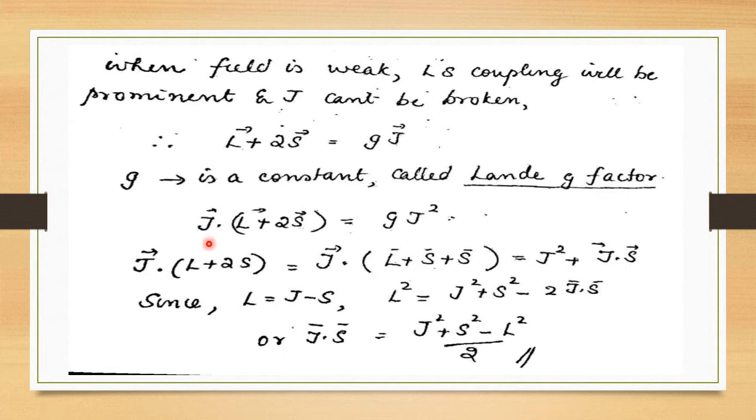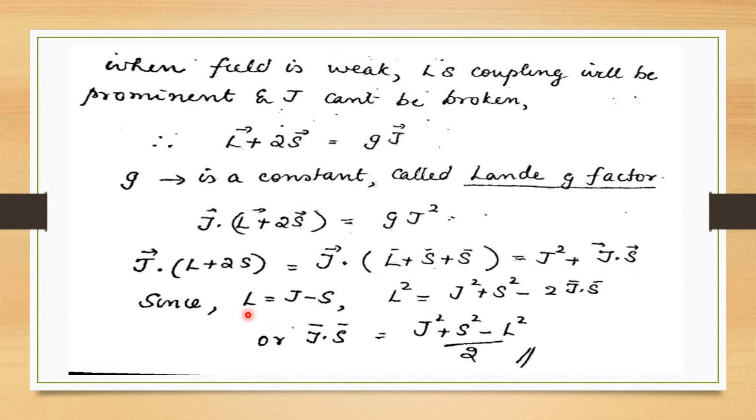Now, find out what is J dot (L plus 2S). That is equal to J dot (L plus S) plus J dot S. Since L plus S is J, you can write it as equal to J square plus J dot S.